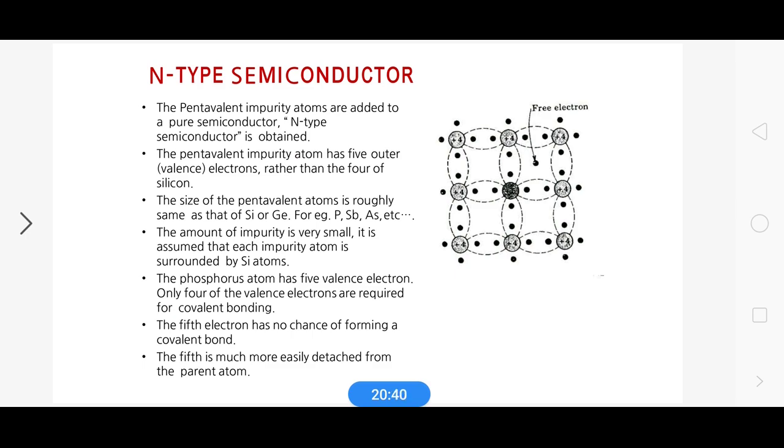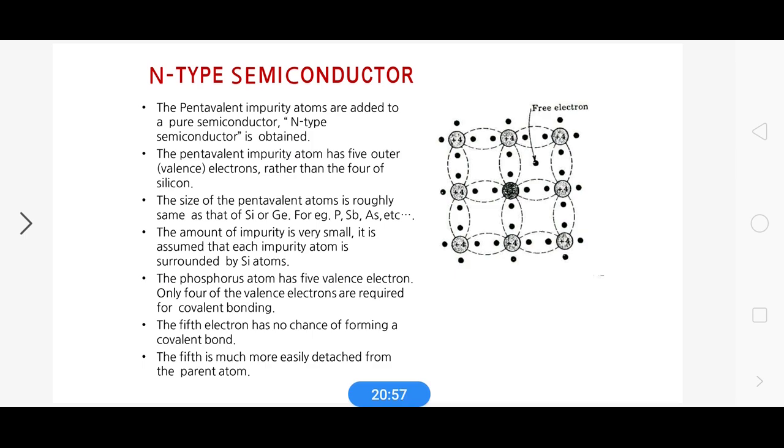The size of the pentavalent impurity atoms is roughly the same as germanium and silicon. For example, we use phosphorus, antimony, arsenic as pentavalent impurities.